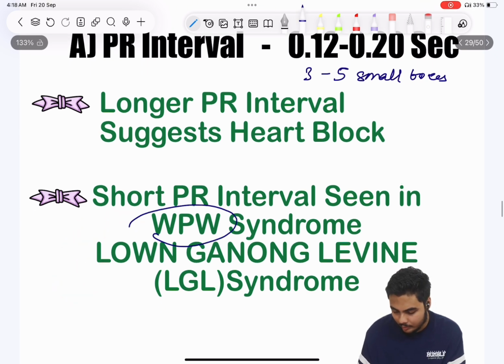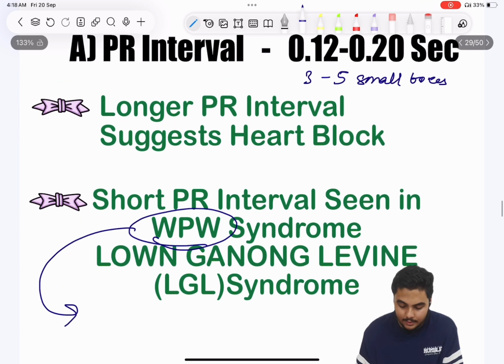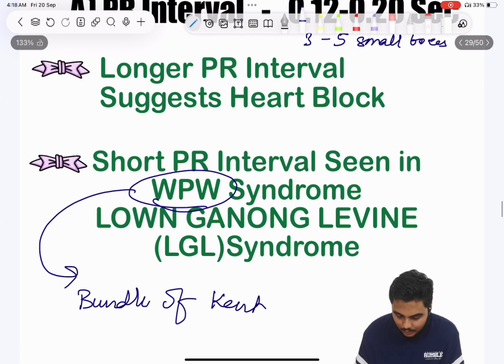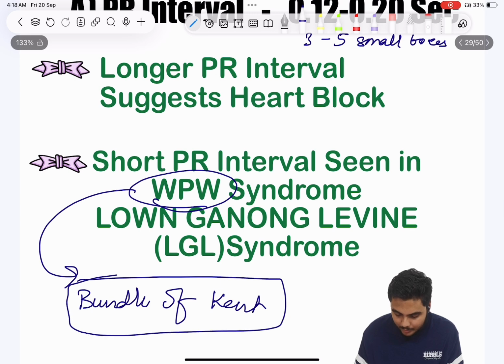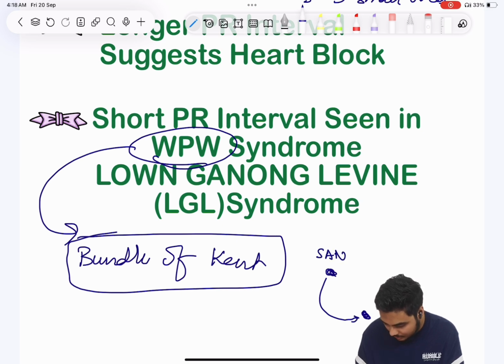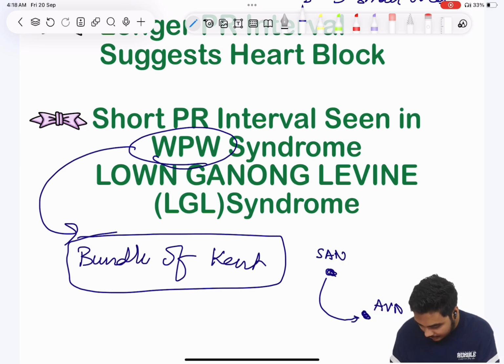We know in WPW syndrome, we have an accessory bundle which we call the bundle of Kent. The bundle of Kent is present in WPW syndrome, between the SA node and AV node. So suppose this is the SA node and this is the AV node. This one is the normal pathway.